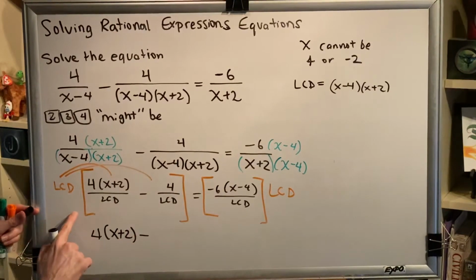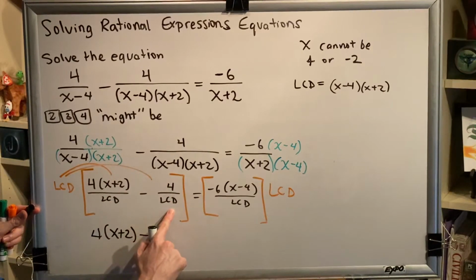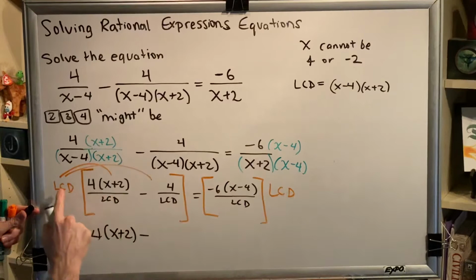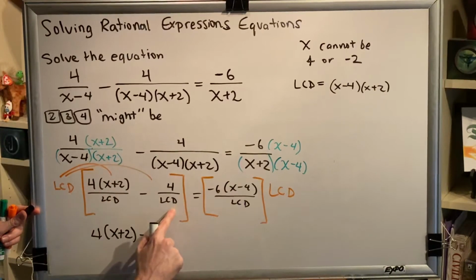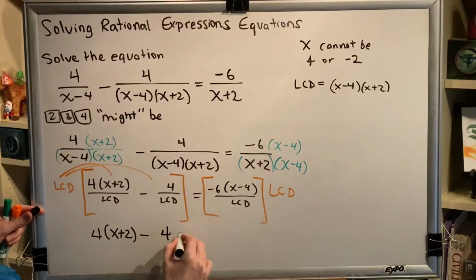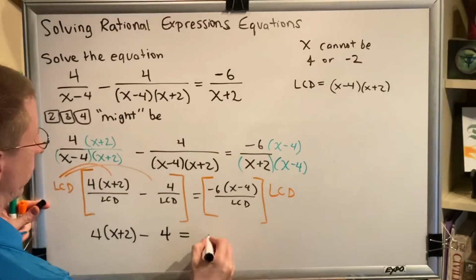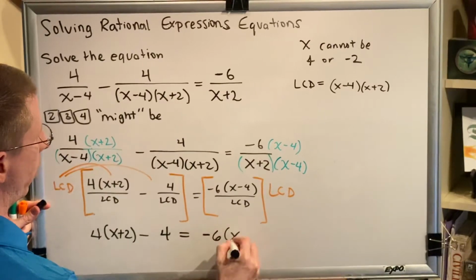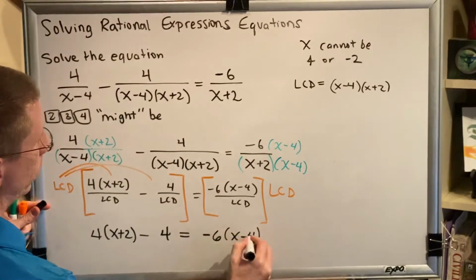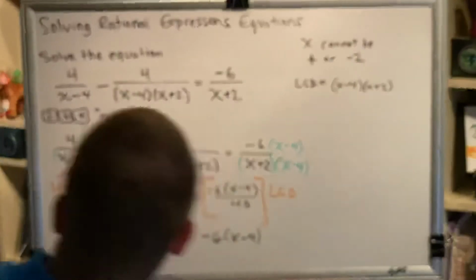Similarly, because of the distributive property, this LCD is also going to reach this second fraction where the same thing will happen. This LCD will cancel the 1 in the denominator, leaving me just the numerator, subtract 4. On the right side, this LCD and this LCD cancel, leaving me just the numerator, shown here. Now we just have to solve this equation.